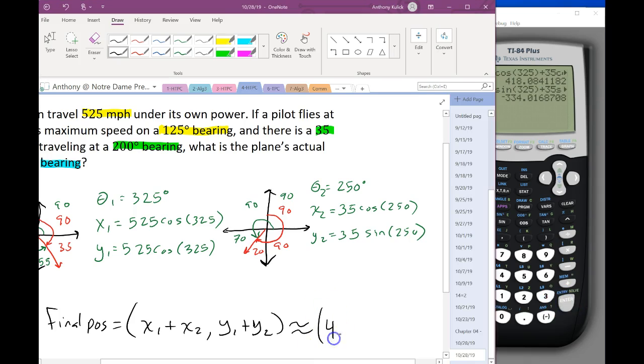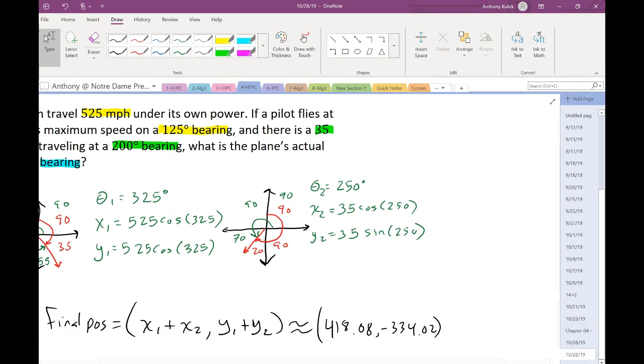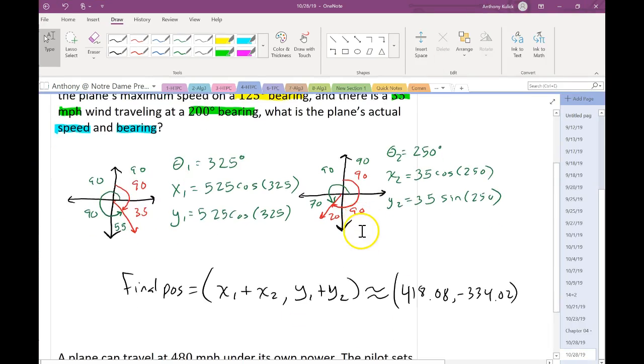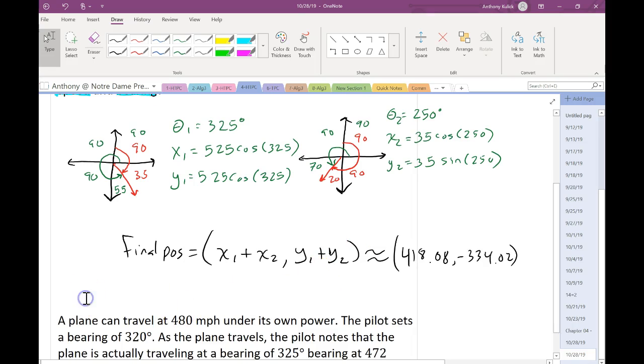So that's going to be 418.08, negative 334.02. Everybody okay with that so far?